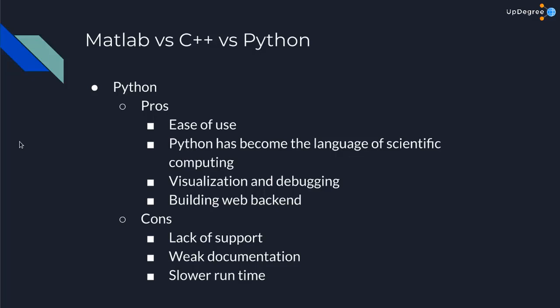The second pro of OpenCV for Python is that Python has become the language of scientific computing. A few years back, Matlab was called the language of scientific computing. But now, with OpenCV, NumPy, SciPy, scikit-learn and Matplotlib, Python provides a powerful environment for learning and experimenting with computer vision and machine learning. The third pro is the visualization and debugging.